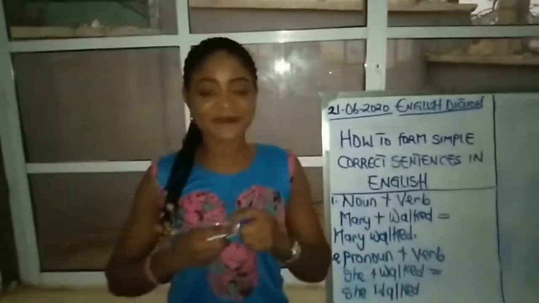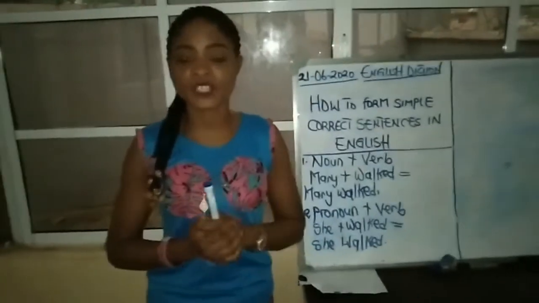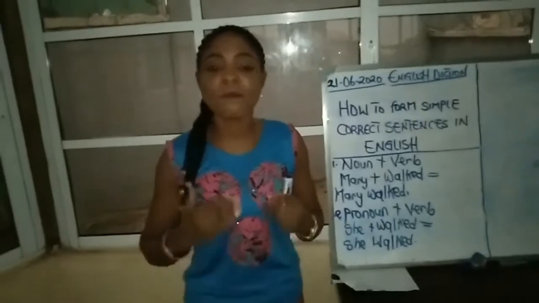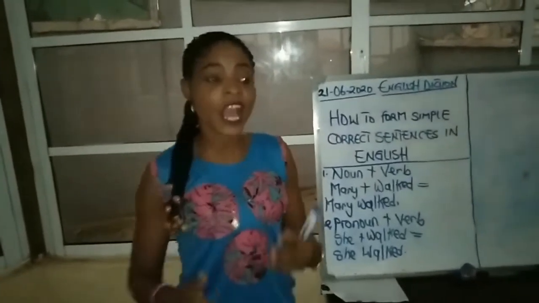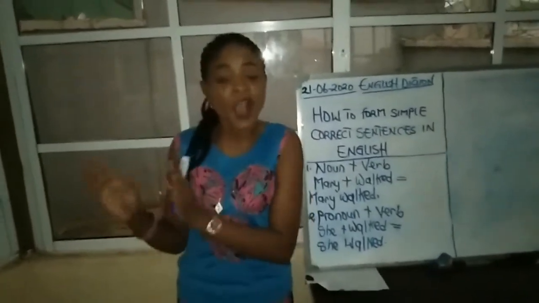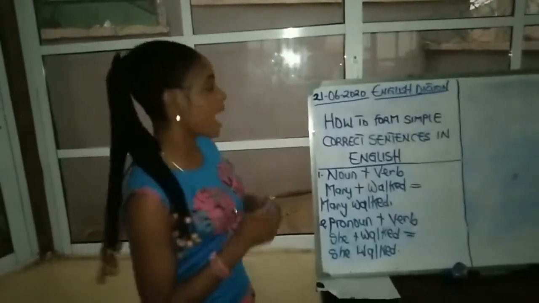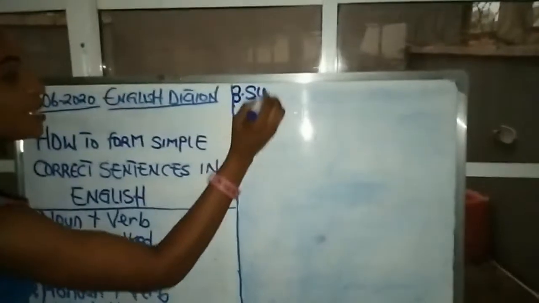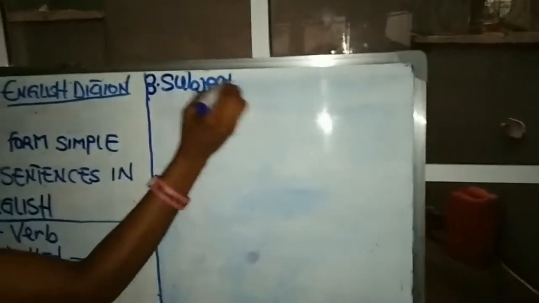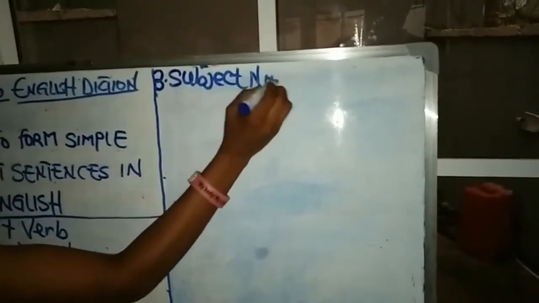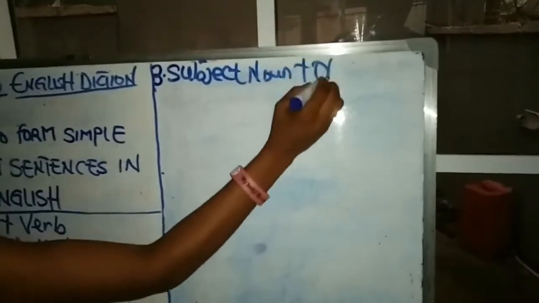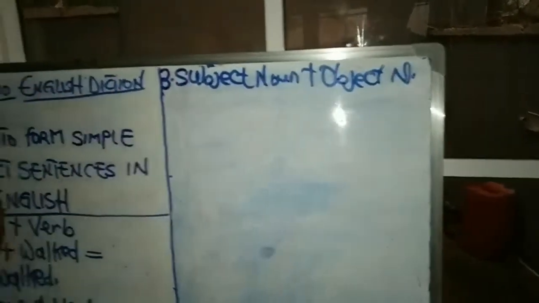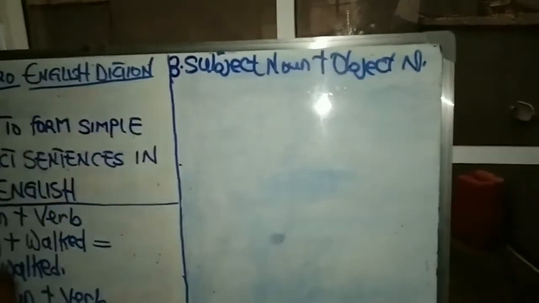The next thing that we're going to do is recognize the fact that most sentences have both a subject noun and an object noun. For example, this is number 3, we have the subject noun plus the verb plus the object noun. We use N to represent the noun, and we're still going to use Mary.